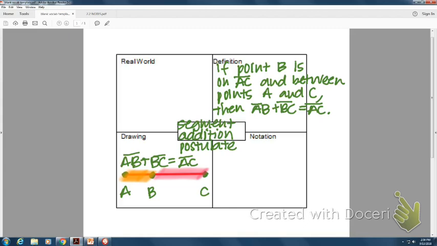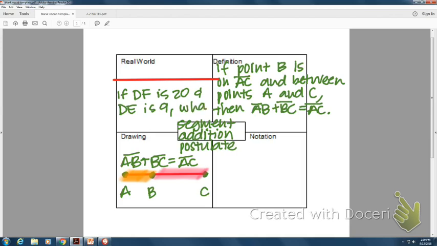So you could have a problem that said, if DF is 20 and DE is 9, what is EF? And it could be DEF.